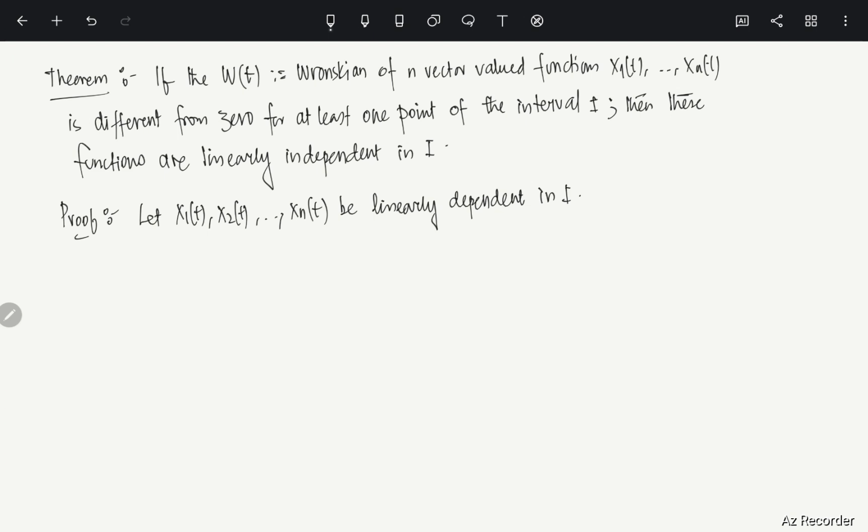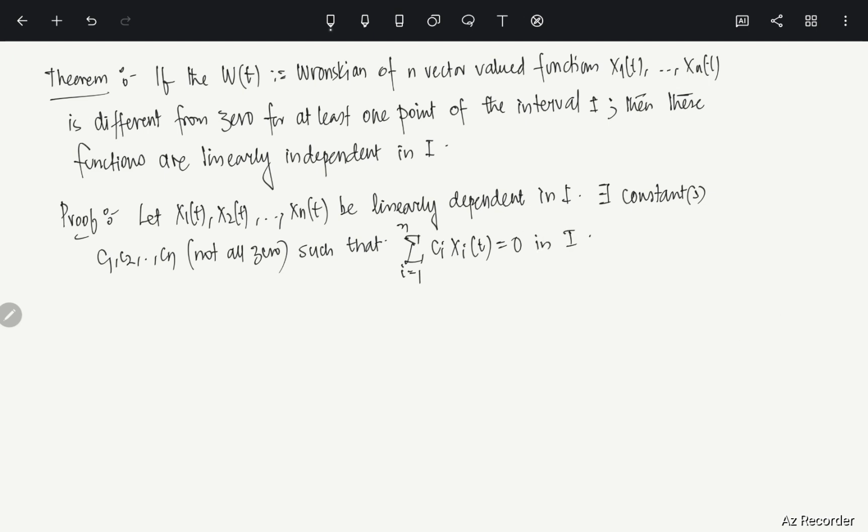So that implies that there exist constants C1, C2, ..., Cn, not all 0, at least one of them is non-zero, such that the summation over i from 1 to n of Ci xi of t is 0 in I, whatever the interval is, right? That's just the definition of linear dependence.